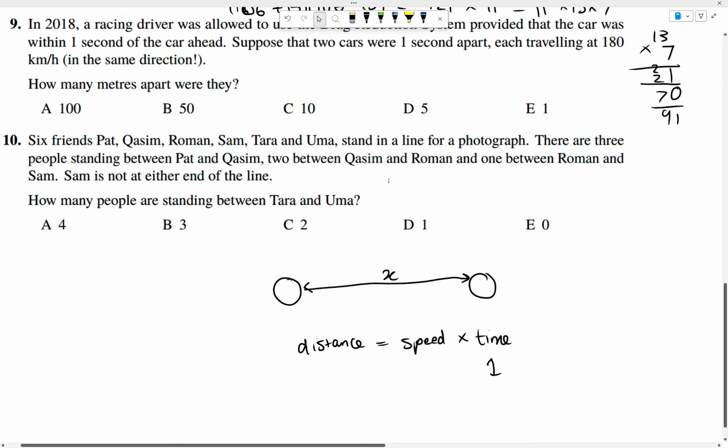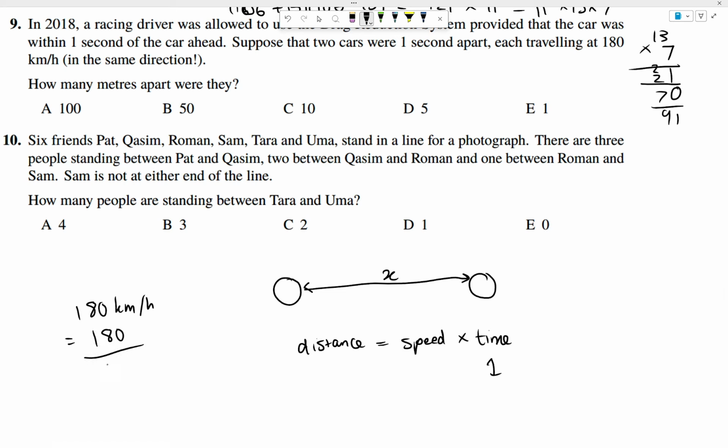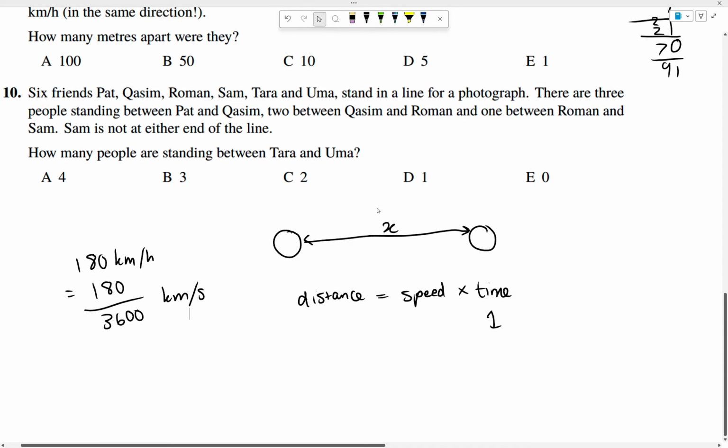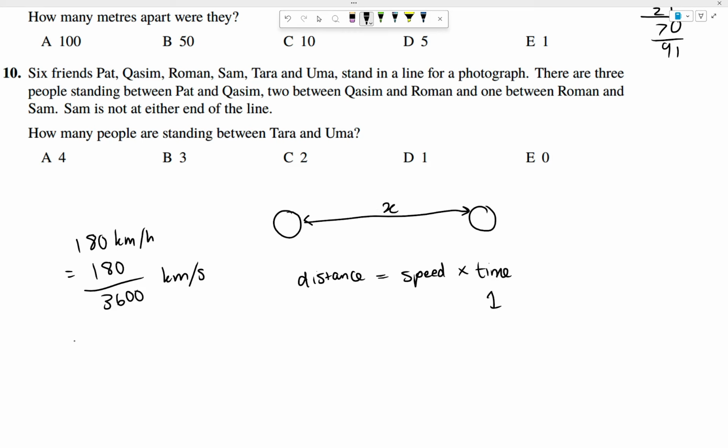So we have 180 kilometers an hour, and that is equal to 180 divided by 3,600 kilometers per second, and that is 1/20. Correct me if I've made any mistakes anywhere.